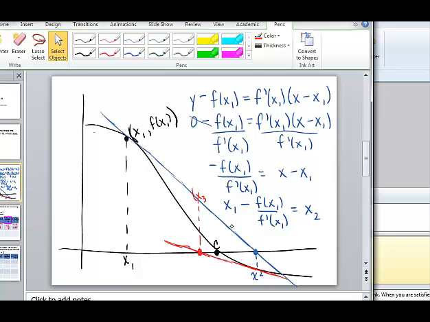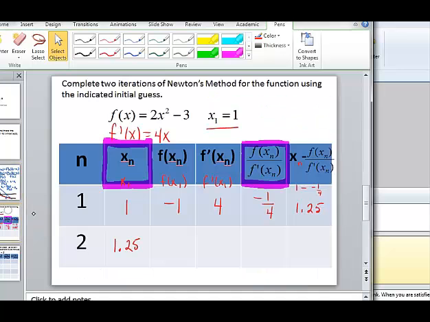The x value that you get for x sub 2 is found by doing x sub 1 minus the function value divided by the derivative. Notice that's what the last part is. So hopefully this chart makes more sense because of the explanation I gave you through that picture.